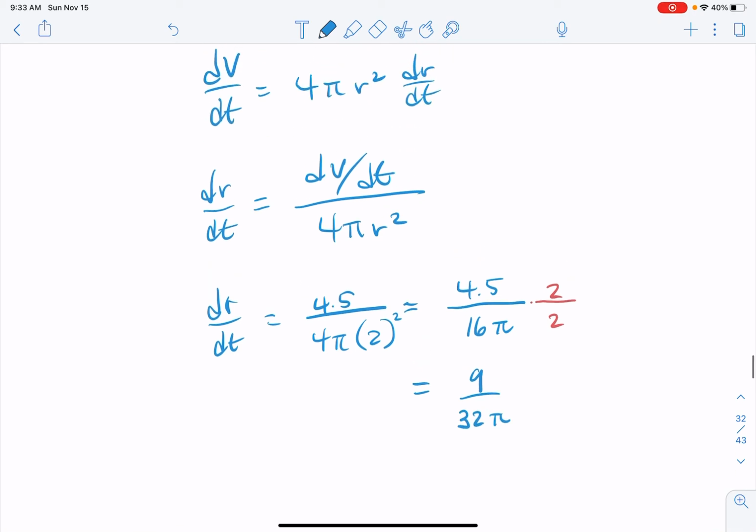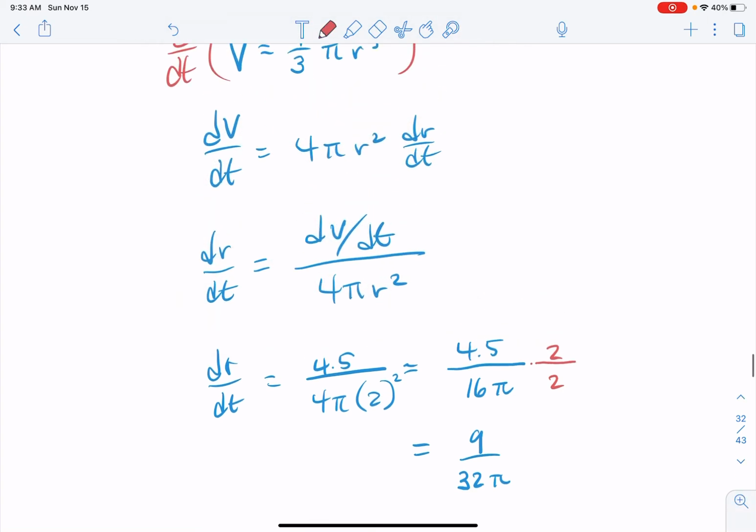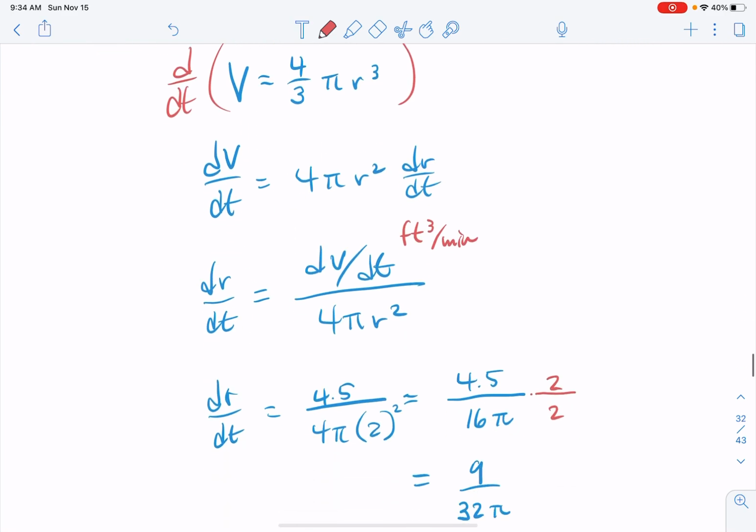Now, let's figure out our units. Okay, on this equation here, the actual derivative equation after we have isolated dr/dt, this is the best one to use. dV/dt is being measured in cubic feet per time thingy. I'm pretty sure that time thingy was minutes, okay?